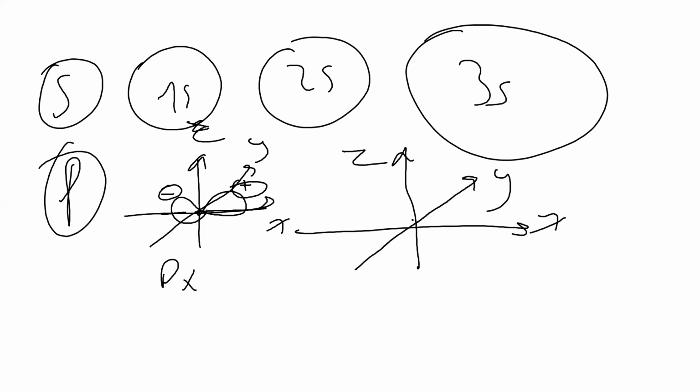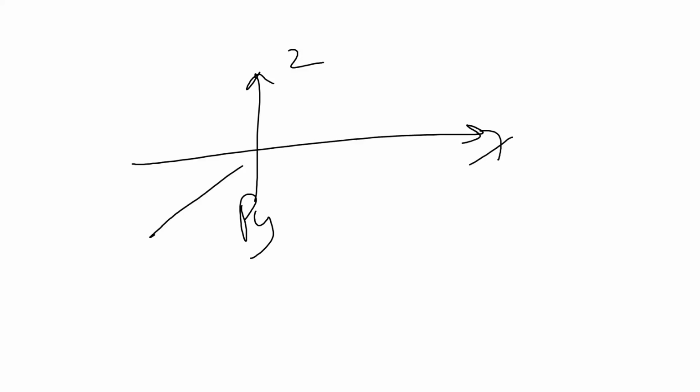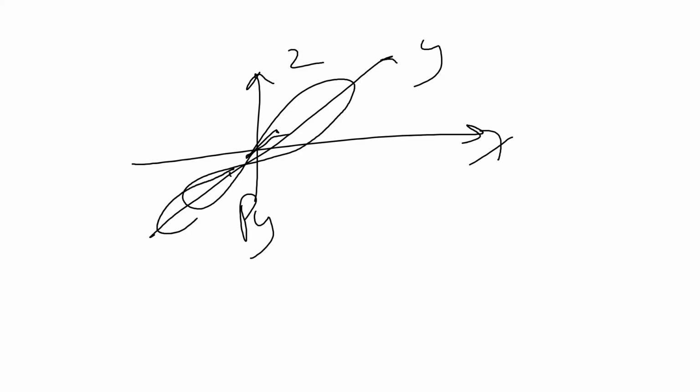The Pz looks like this. So here the plus, here the minus. And the Py is also two balloons tied to a knot, and here the plus and here the minus. Okay, this is the P orbital.